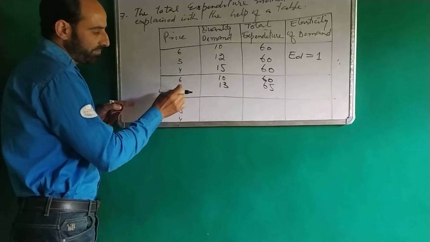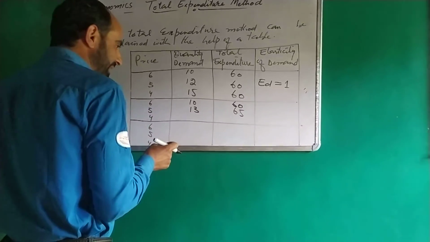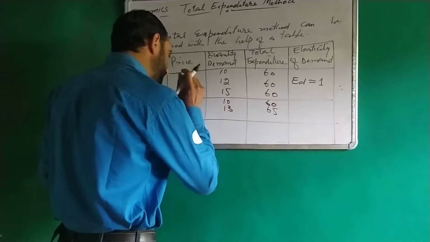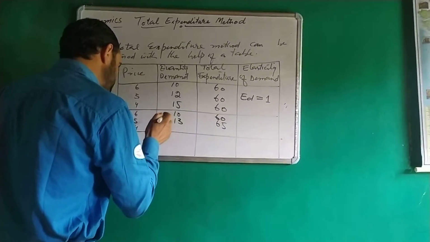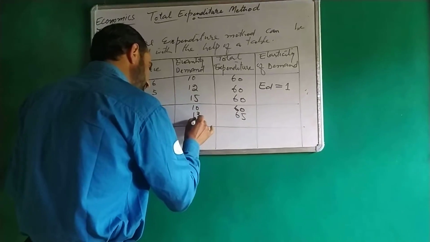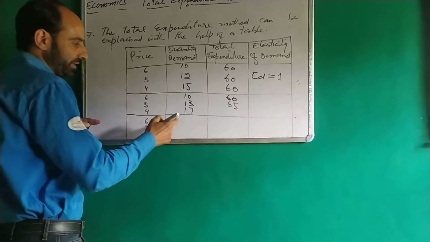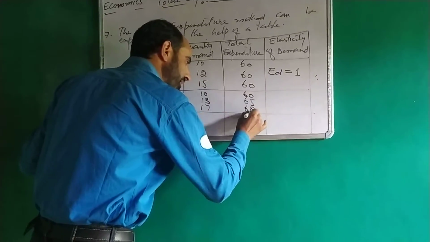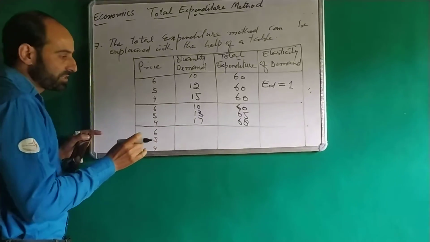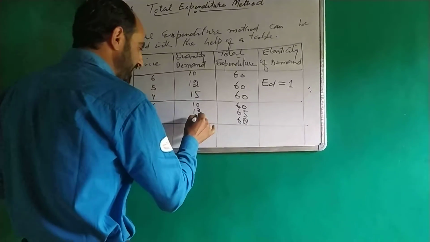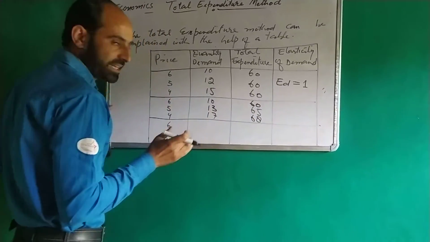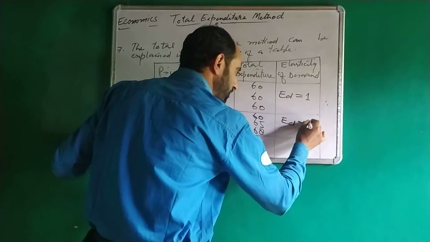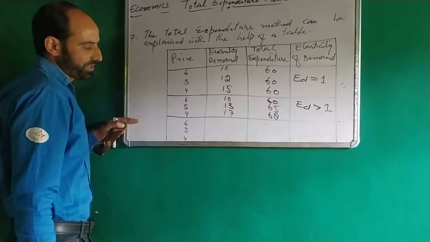When there is further fall in price from 5 to 4, let demand increase from 13 to 17. 17 4s are 68. Here, due to change in price, quantity demanded changed in such a way that total expenditure increased. Here, elasticity of demand is greater than 1, or greater than unity.